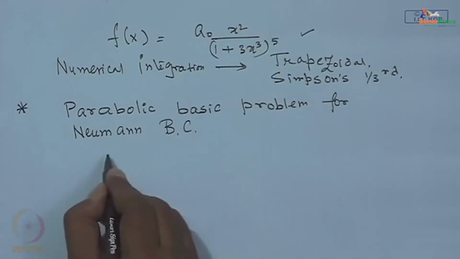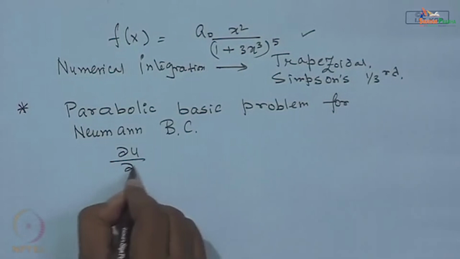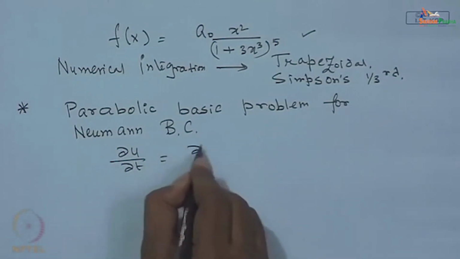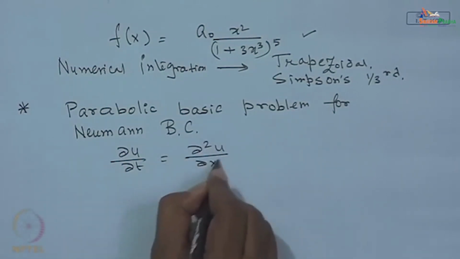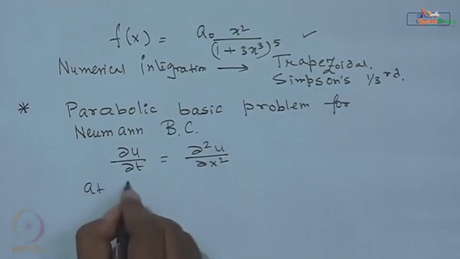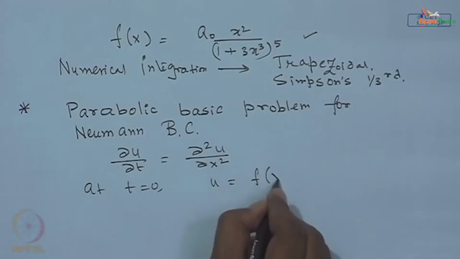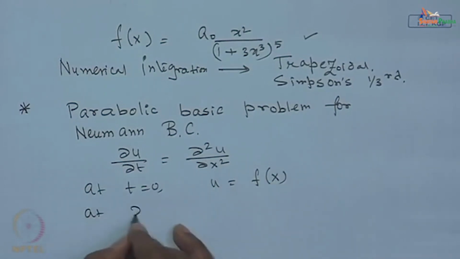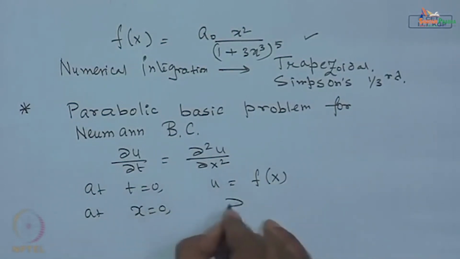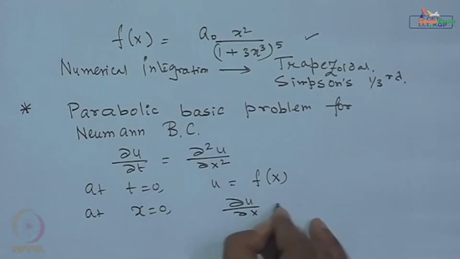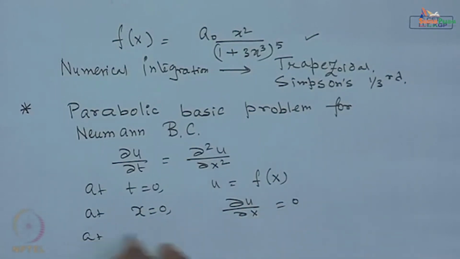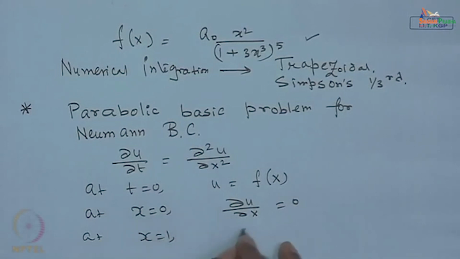So, this problem will be something like this: del u del t is equal to del square u del x square. At t is equal to 0, we have u is equal to f of x, and at x is equal to 0, you will be having del u del x is equal to 0. At x is equal to 1, you have u is equal to 0.